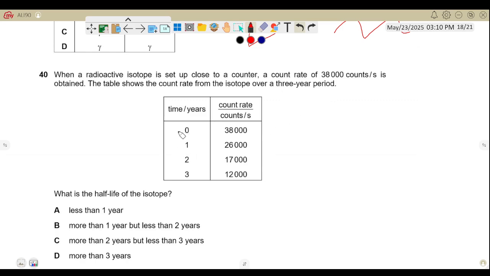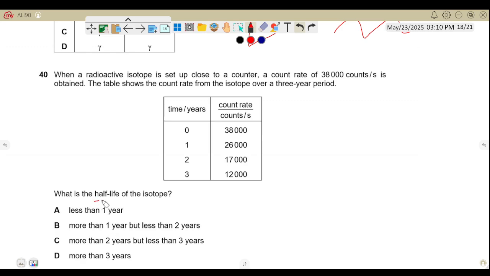So this is the initial instant. After that, we count for each year what the count rate is. The question is, what is the half-life of the isotope? Less than 1 year, between 1 and 2 years, between 2 and 3 years, or more than 3 years.